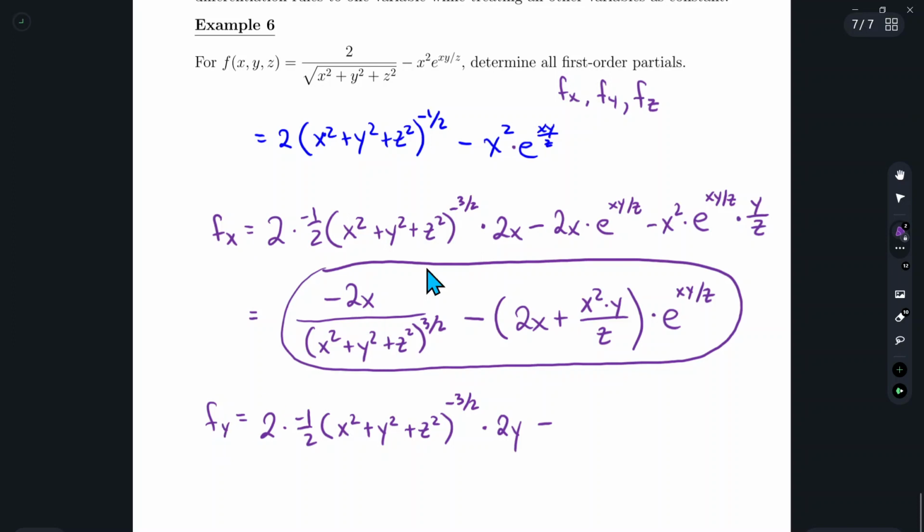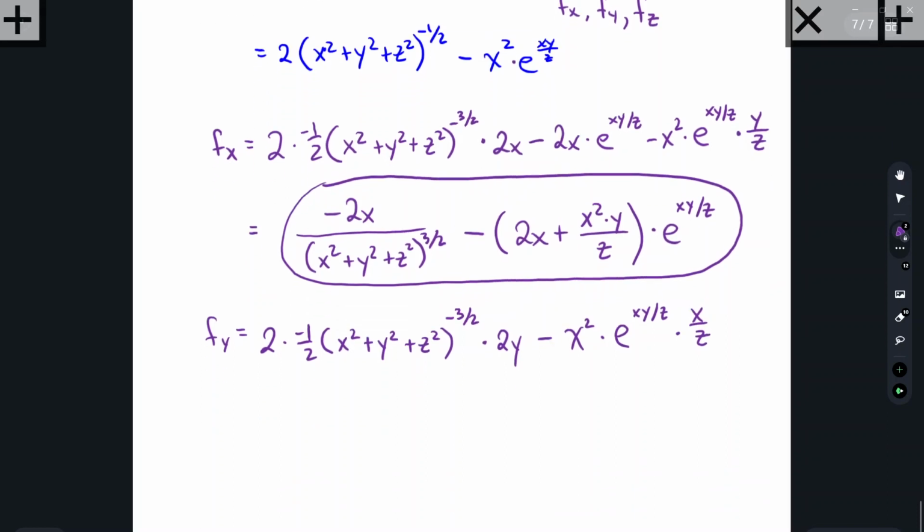And then minus, the partial is with respect to y, so x squared I'm thinking of as a constant, so the derivative doesn't affect that. The derivative of the exponential is the exponential, but then I have to apply the chain rule. y is the variable, and so x over z is the constant coefficient. Okay, so we get this, and again we can simplify.